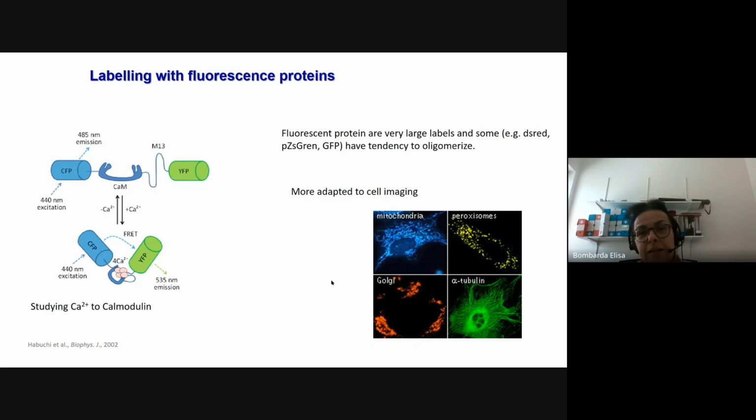So I can understand some skepticism about this method, which works and gives good results, but maybe it's just for detecting the presence of calcium more than to have really detailed mechanistic information about the calcium binding protein itself.